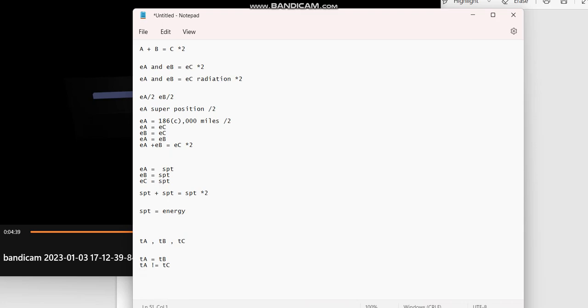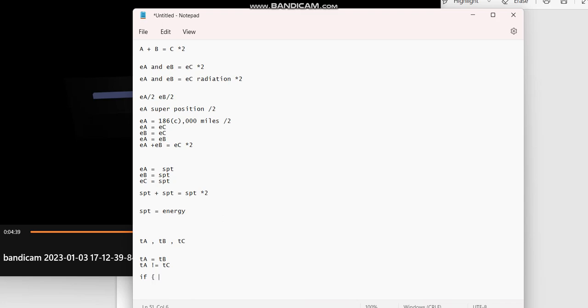But what am I going to use for formatting that they are entangled together? I'm going to have to use programming language to describe this.